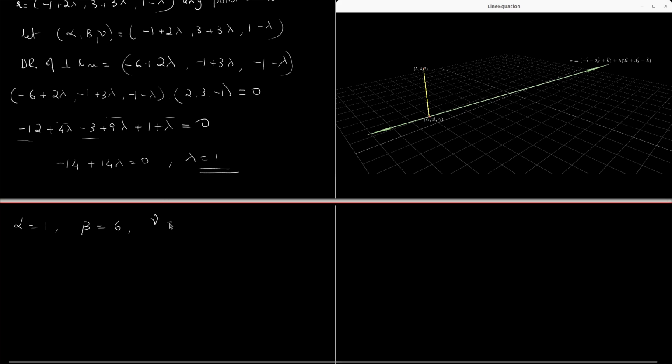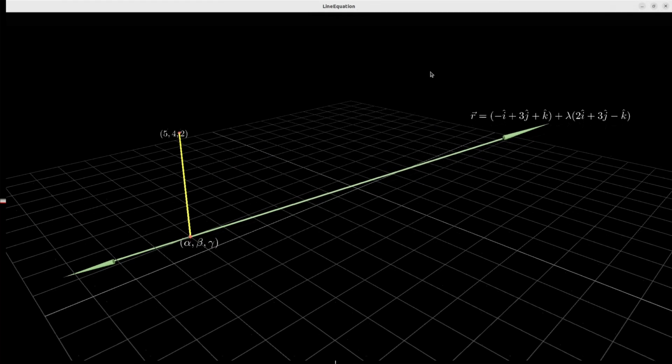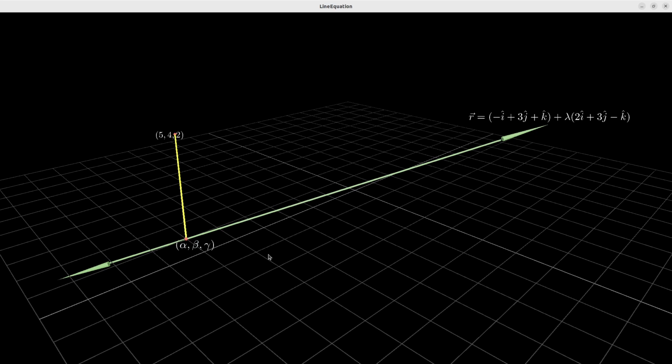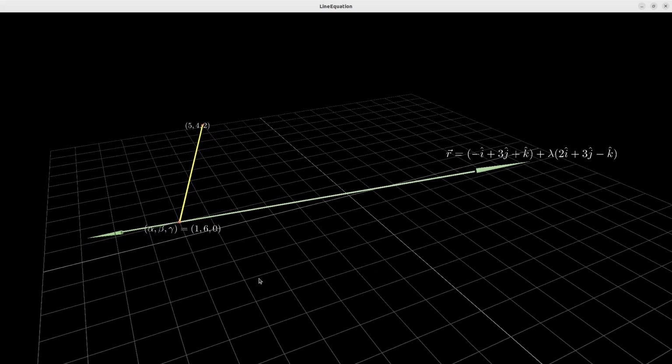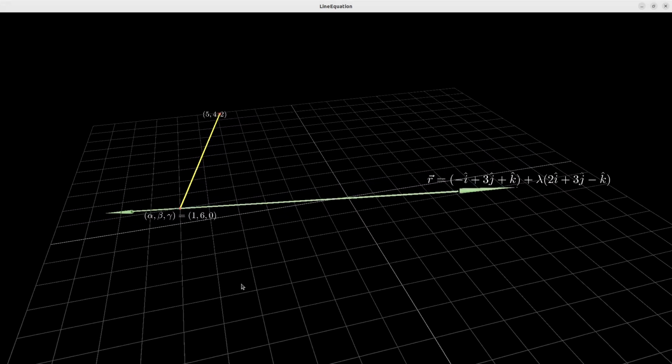Gamma is 1 minus 1, which is 0. So the foot of the perpendicular is 1, 6, 0. So here we got the values of alpha, beta, gamma. Let's add that here. Alpha, beta, gamma is equal to 1, 6, 0. So the first part of the question is over.